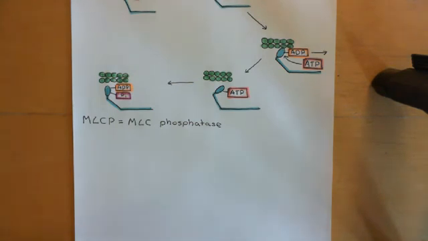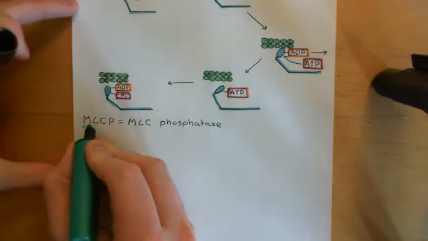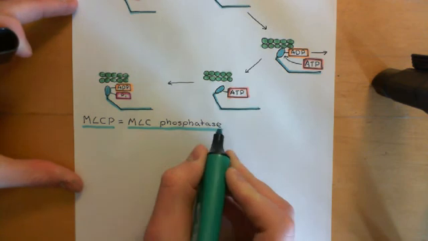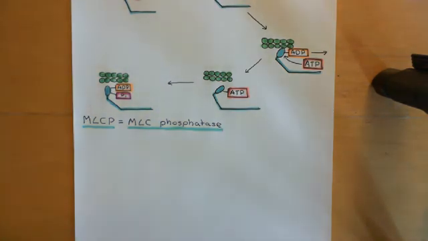The difference is that when you were actually contracting and you had the calcium signal, the myosin light chain kinase was adding the phosphate groups back on all the time, and therefore it didn't matter that the myosin light chain phosphatase was removing them. But once the myosin light chain kinase is no longer functioning because the calcium signal is gone, then myosin light chain phosphatase will dominate.